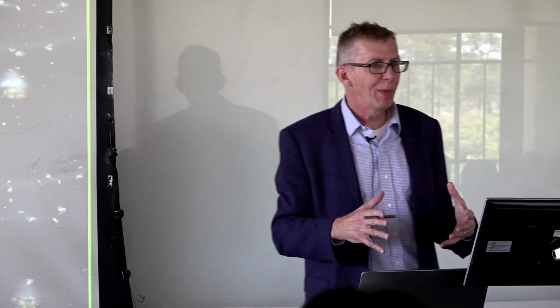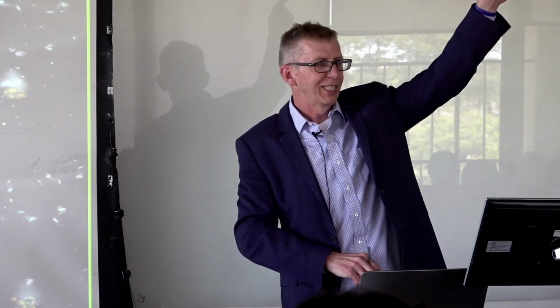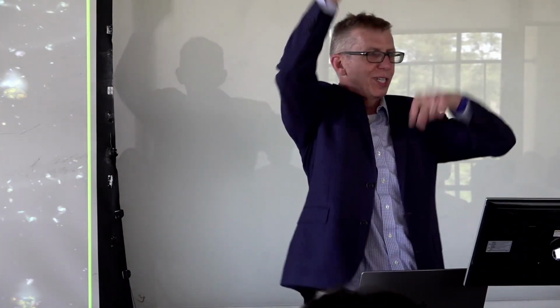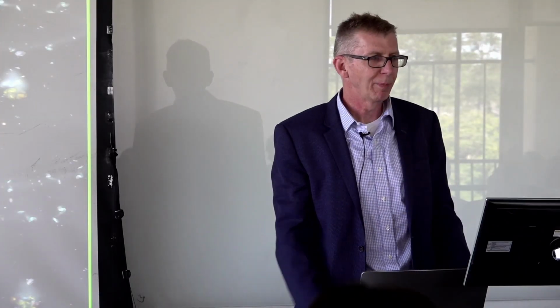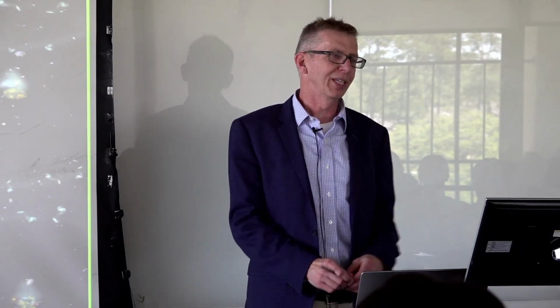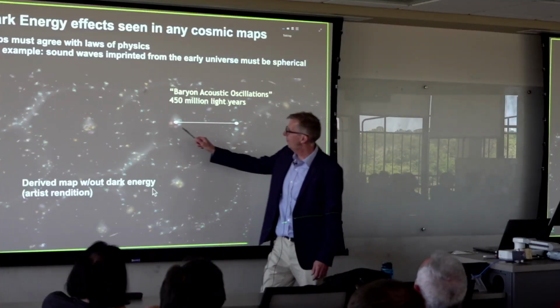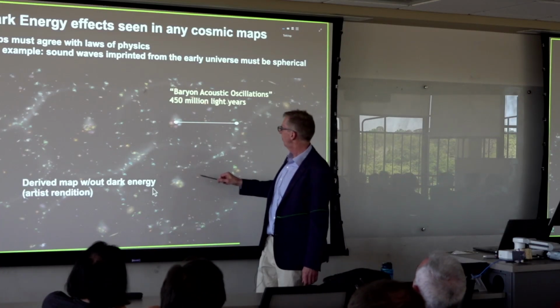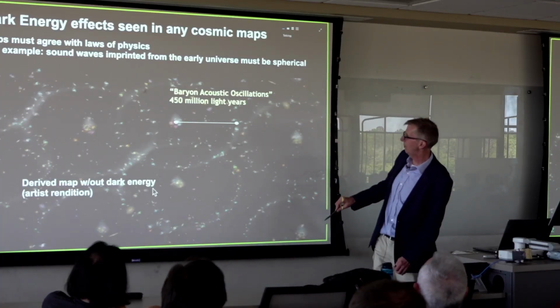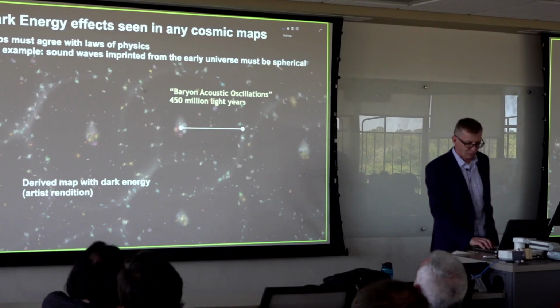overdensities. If you make a map and you convert your right ascension and declination and redshift into a 3-dimensional map, and you don't do that right, for example, if you say, I don't believe there's any dark energy, then you get features in these maps that are actually squashed.